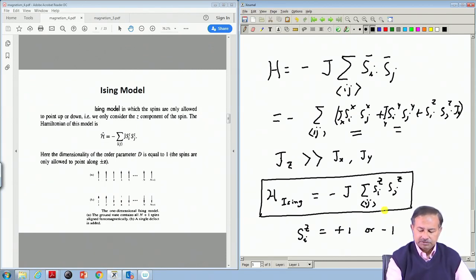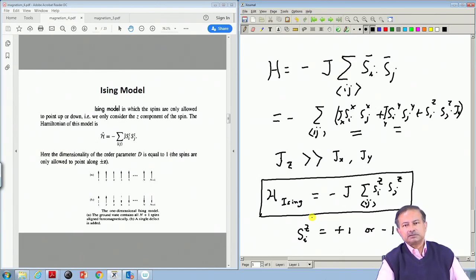So that is a celebrated model called the Ising model, and we will discuss how to solve these models both approximately and exactly. This is in one dimension, of course. Approximately you can solve it in any dimension, and the approximation I will discuss is the mean field approximation.